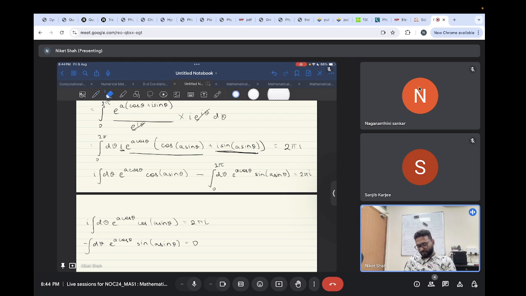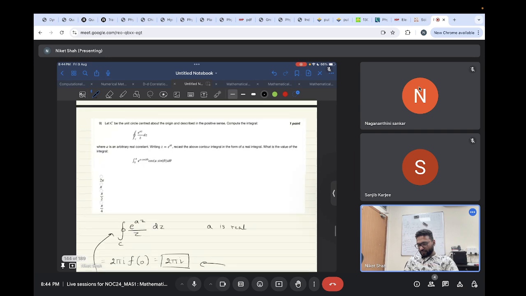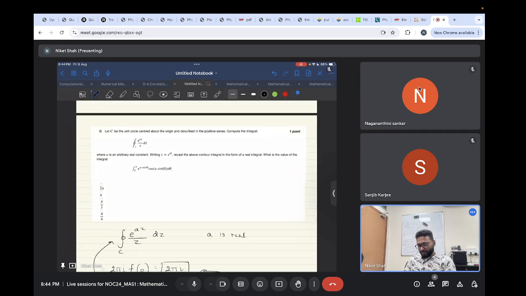So in the first term I will remove I from both sides, and this is my integral's value. So this is the integral that they've asked, d theta e power a cos theta cos of a sine theta.